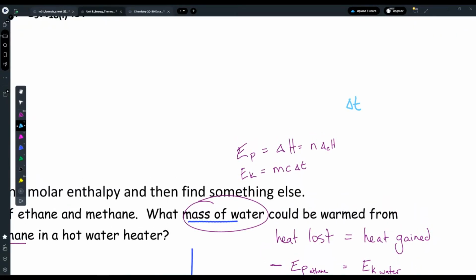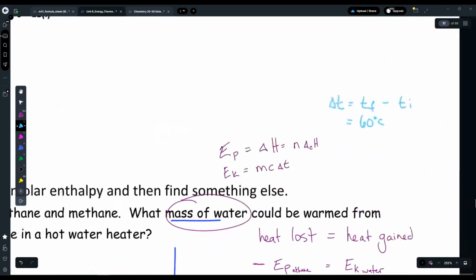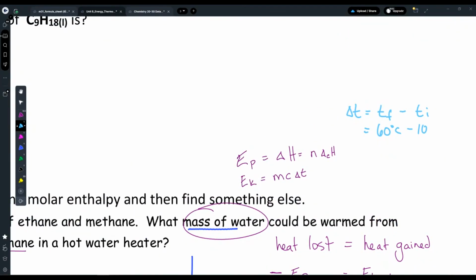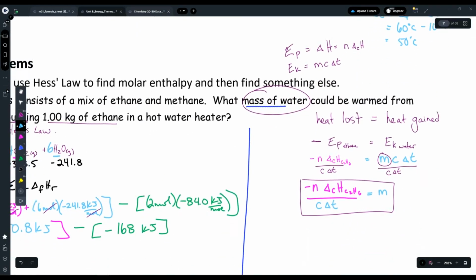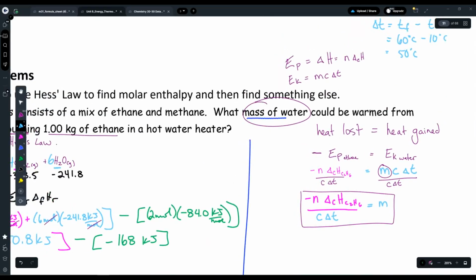But remember, change in temperature is final temperature minus initial. So we ended up at 60 degrees Celsius. We started at 10. So that's going to be 50 degrees Celsius. Okay, so we've got our change in temperature. Let's mark that off as, yep, we got it.